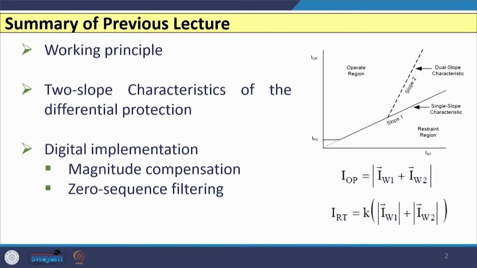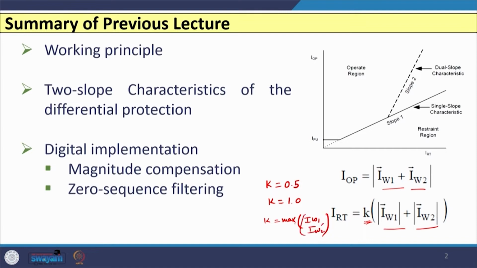we use two slope characteristic, then the operating current is obtained by the vectorial addition of two CT secondary currents fed to the differential relay, and the restraining current is obtained by scalar addition of two CT secondary currents, that is multiplied with some compensation factor k, which is normally considered as either k is equal to 0.5 or we can consider k is equal to 1.0 or we can consider k that is max of IW1 and IW2.